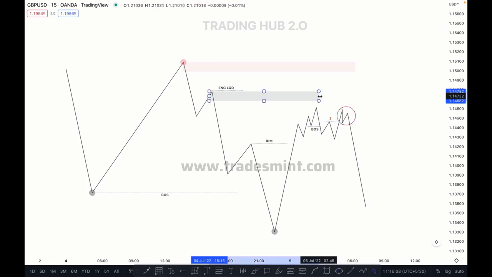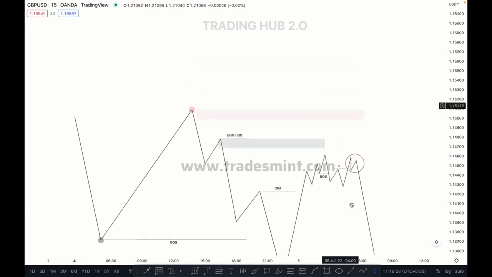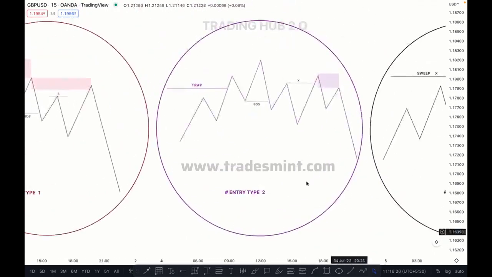But in this case the market did not mitigate our supply zone, correct. The market breaks the structure, takes out the minor inducement, and then we look for sell, and we can continue to stack the position. So this is our first scenario when we can sell, and this is called entry type 2 as I mentioned here.